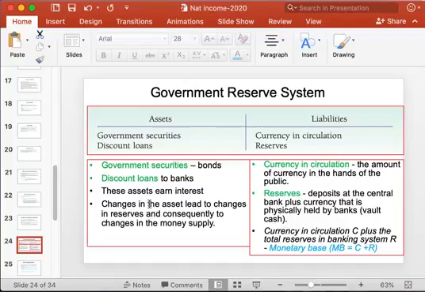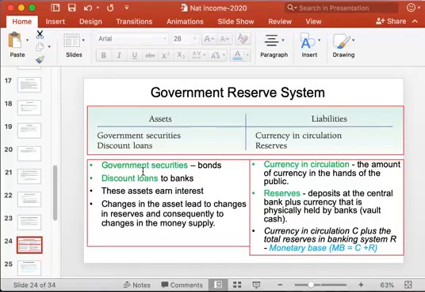So the government can actually control the supply of money in the economy by either selling the government securities or purchasing the government securities.